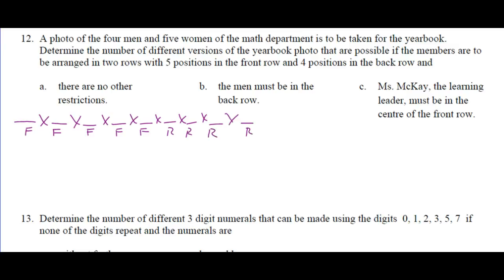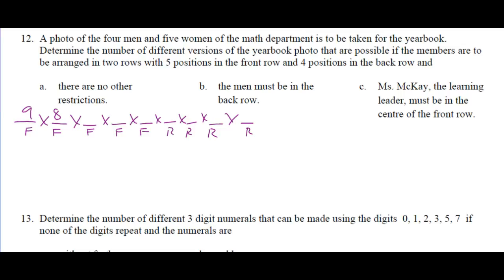Okay. There's 9 people. How many people do I have to choose from for that first front position? 9. For the second front position? What's this looking like? Looks like 9 factorial. How many ways can you arrange 9 people in a straight line? 9 factorial ways. How many ways can you arrange them if there are 5 in the back and 4 in the front? 9 factorial.